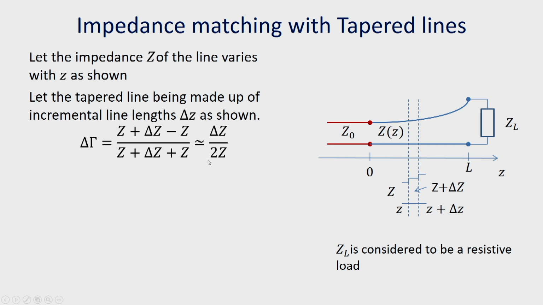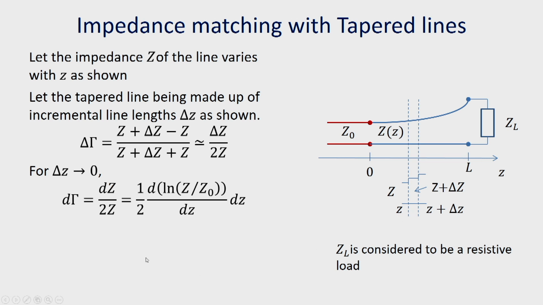Now, in the denominator we neglect this delta Z term, and we can write the approximate expression as delta Z by 2 Z. Now, when this delta Z tends to 0, this length tends to 0, we can write delta gamma as d gamma.